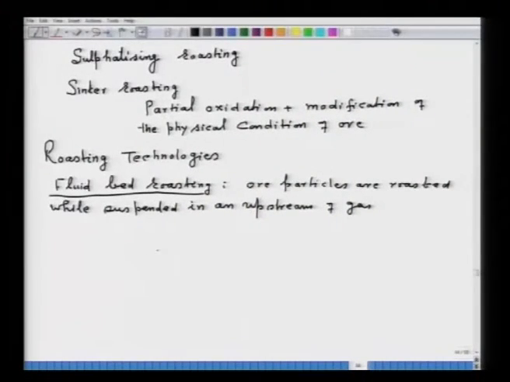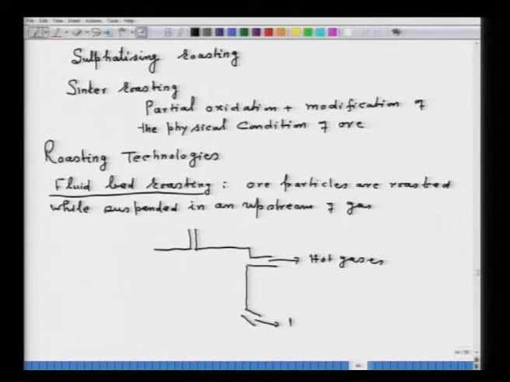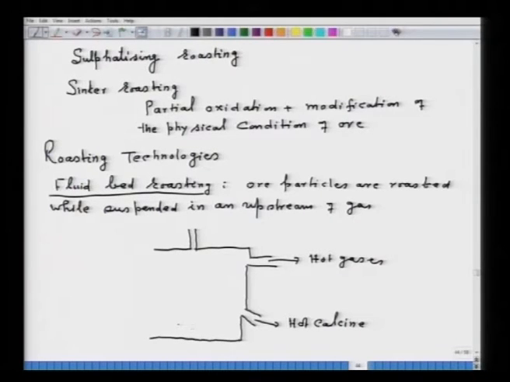So, in the fluid bed roasting, for example, something like this, this one is for discharge of hot gases, and somewhere here the discharge of hot calcine, or roast product.